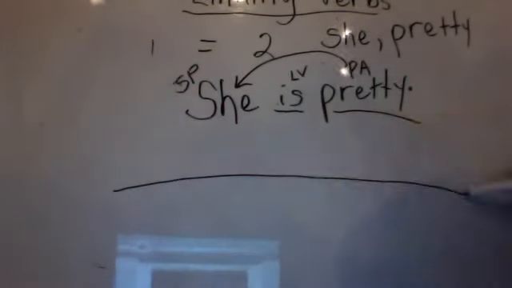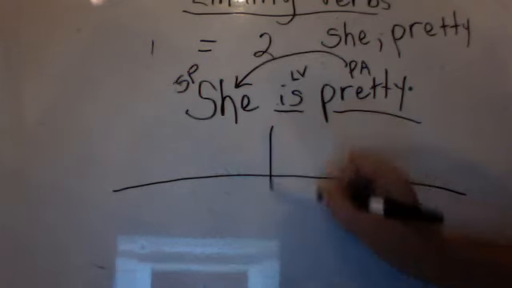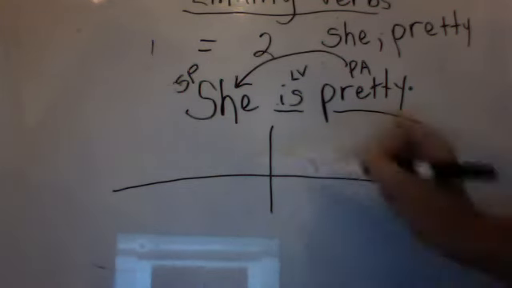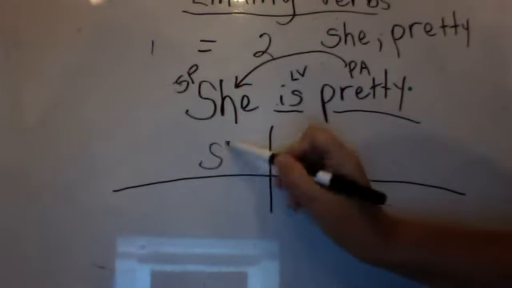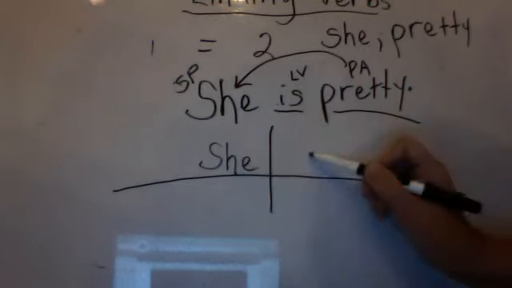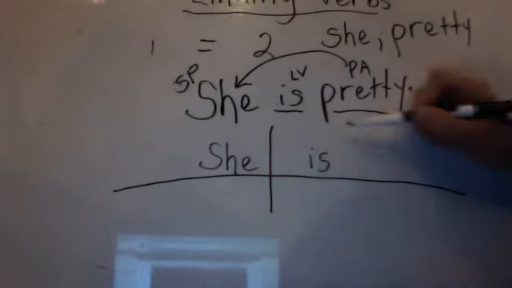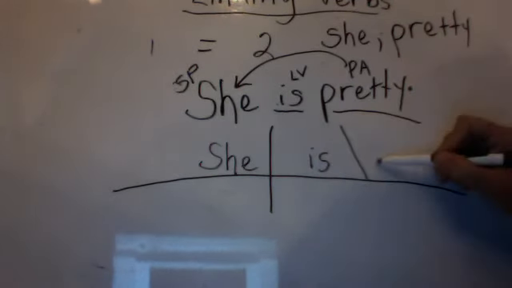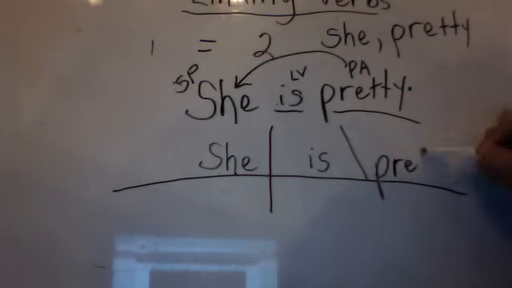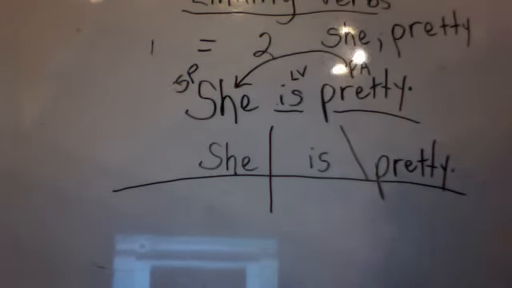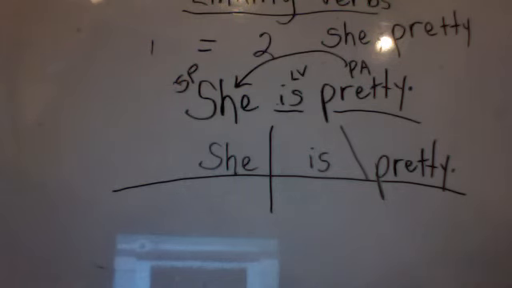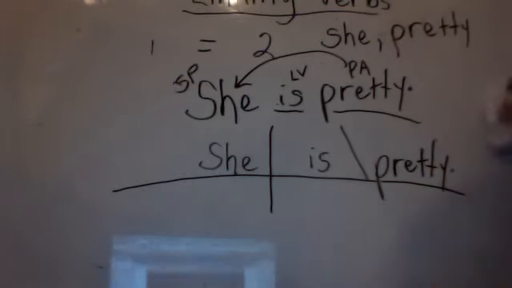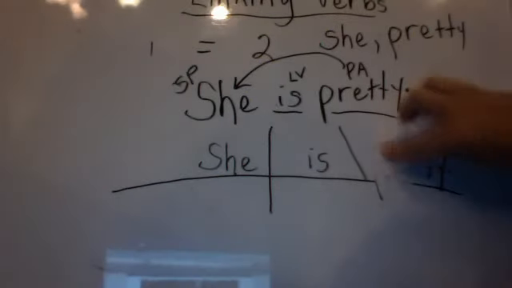We diagram this the same way. Our subject-verb line, she. Our verb is. Then we have our diagonal line here, pretty. Now, of course, there's lots of ways you can use this. We can do the same word and the same principle.